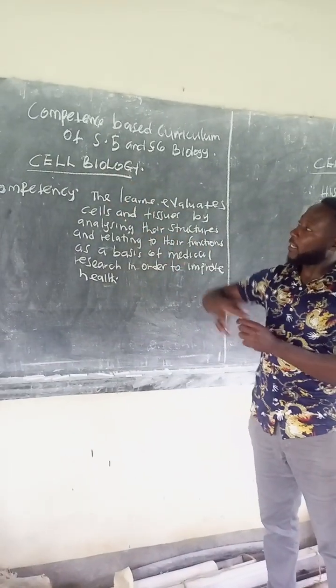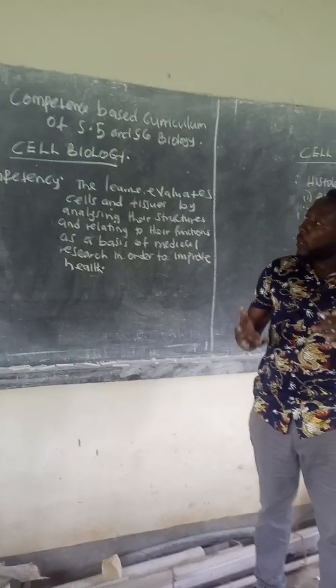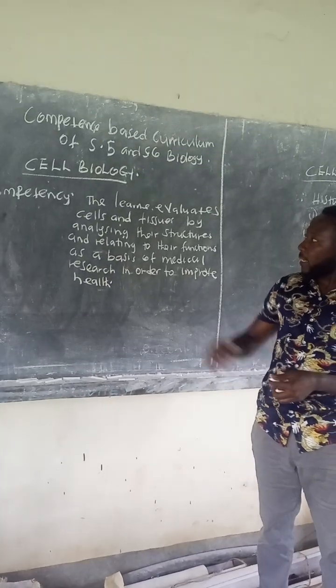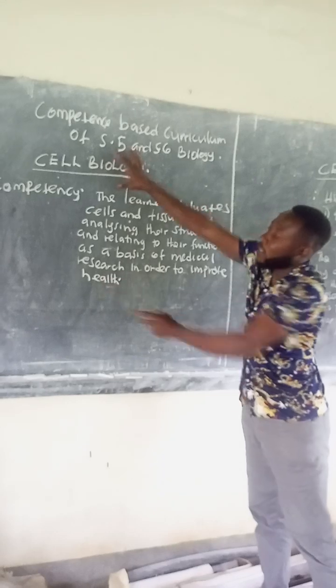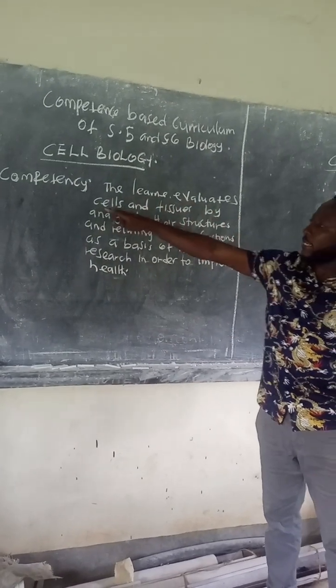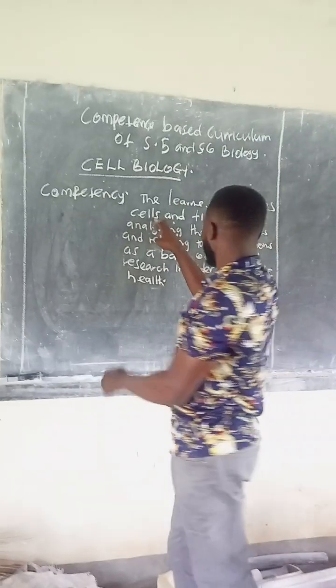Cell biology. In cell biology, this is a very big chapter, and there are other small subtopics, which I may call subtopics, or which I may call chapters. And by the end of this topic, the learner should evaluate cells.